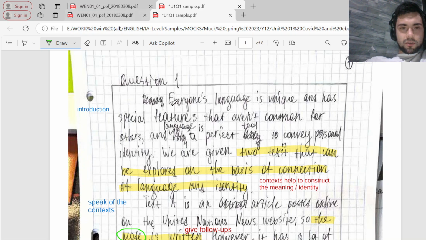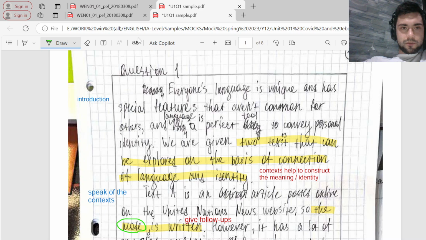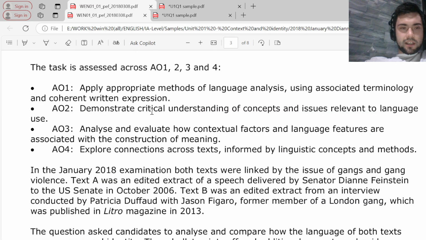Before we jump to the work, which is Question 1 for today, Section A, I'd like to remind you that you can easily find the assessment objectives, which are highly recommended to be looked through, in order to understand in very formal terms what the examiners are looking for in your writing.